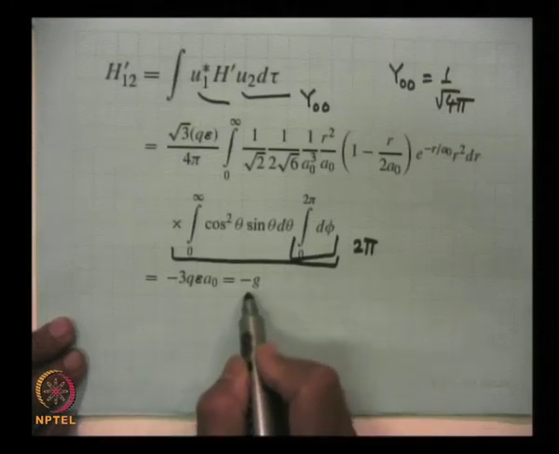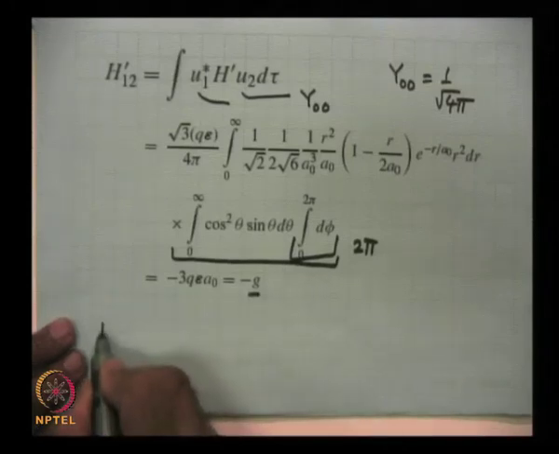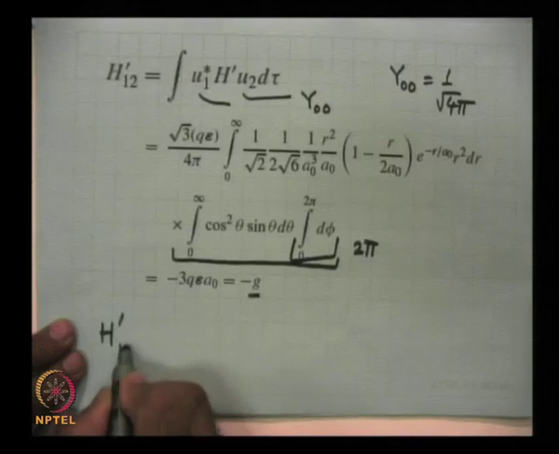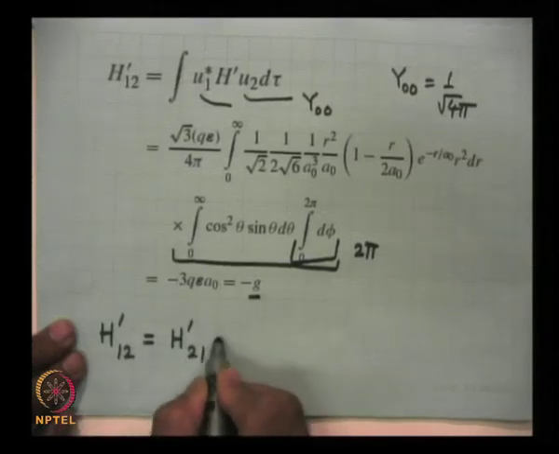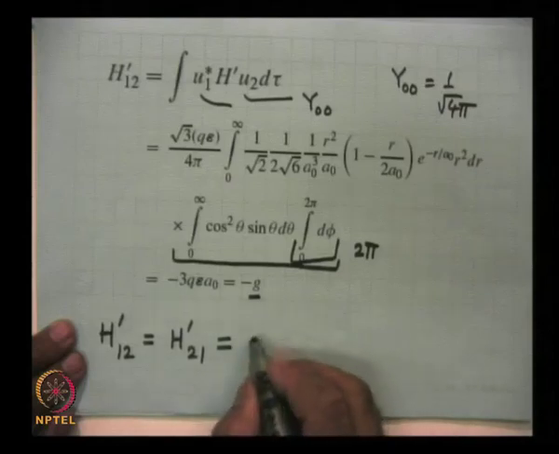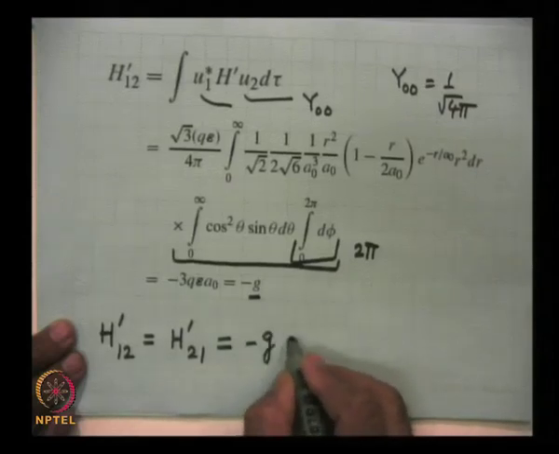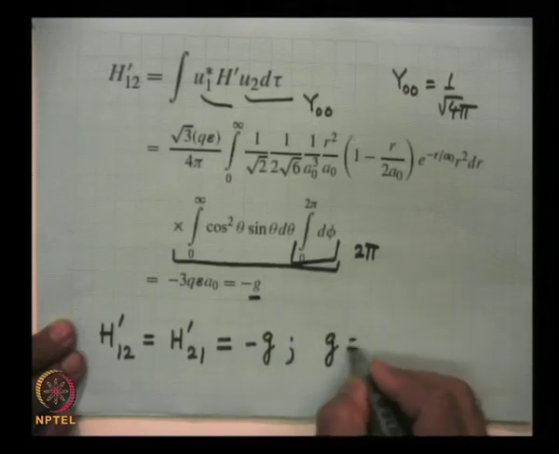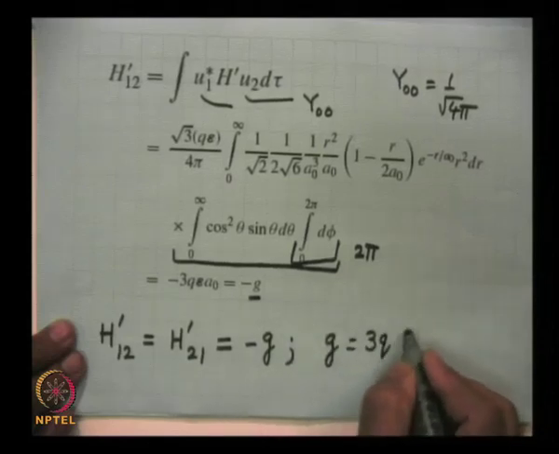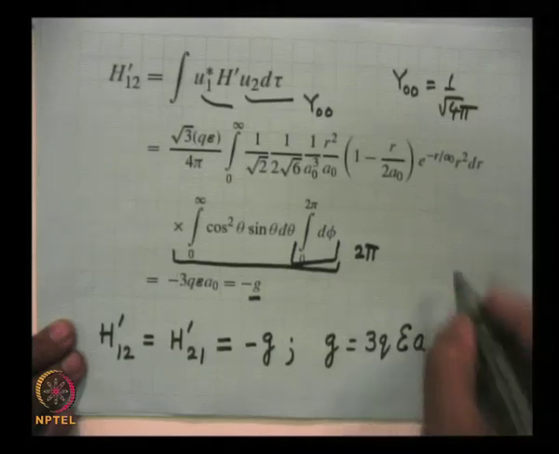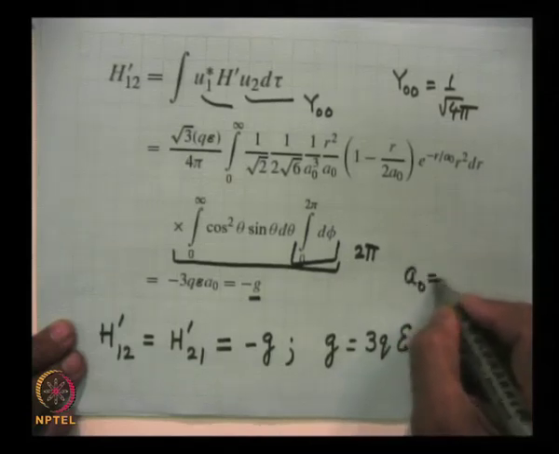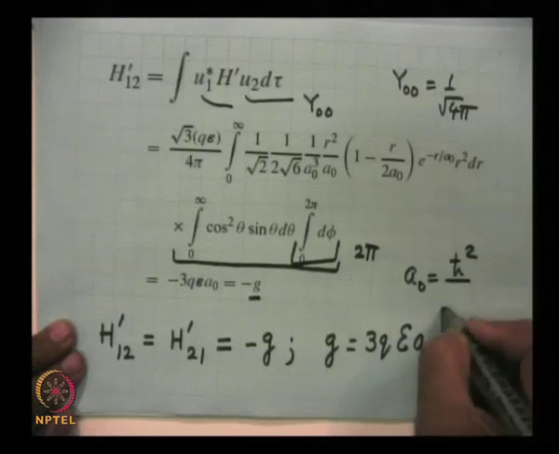So, that comes out to be G. One has to spend some time brute force calculating these. The only two non-vanishing matrix elements will be h prime 1 2 equal to minus G, where G is equal to 3 q E a0, E is the strength of the electric field, and a0 is the Bohr radius, a0 is h cross square by mu e square.